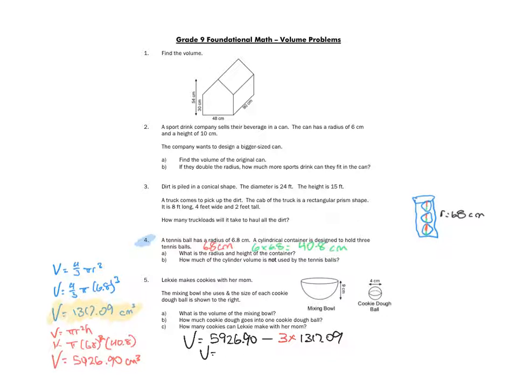And when we do that, we're going to get 1,975.63 centimeters cubed. That's the leftover volume that's not occupied by the tennis balls in the cylinder. So that's how you do number 4.